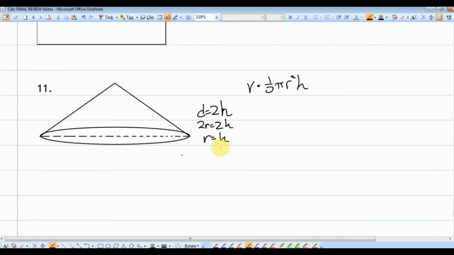I want to find dh/dt at the end of this, right? So I'm going to substitute out all of my r's. Volume is equal to 1/3 h squared times h times pi, or the volume is equal to pi thirds h cubed.